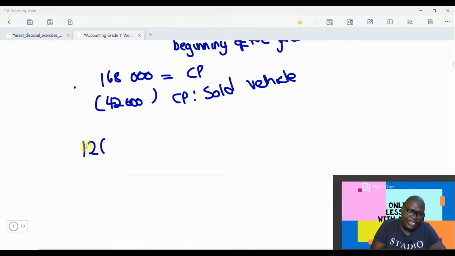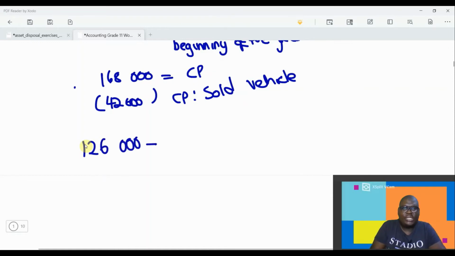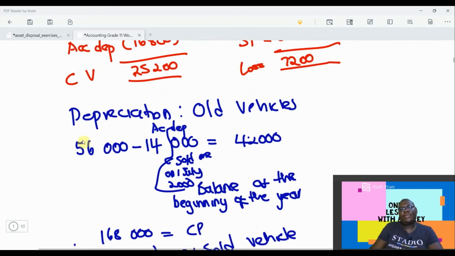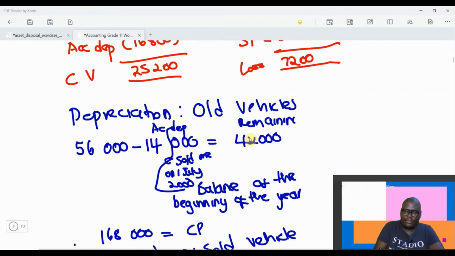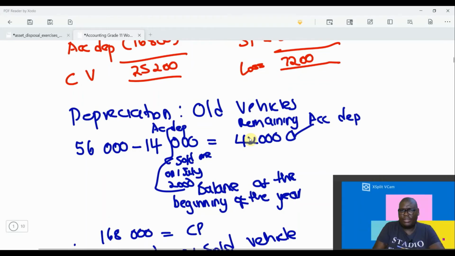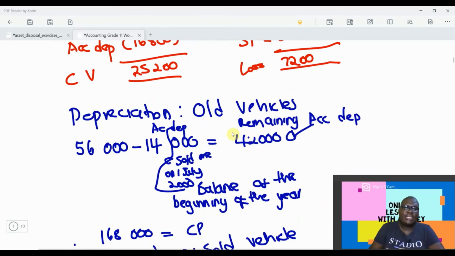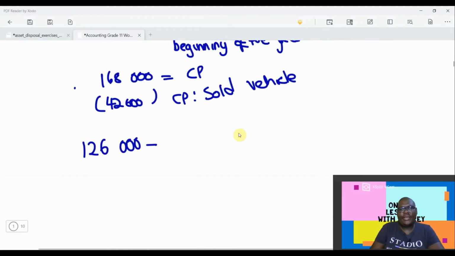So now this 126,000 minus that accumulated depreciation, which is this one, 56,000 minus, remember, this is the remaining accumulated depreciation.